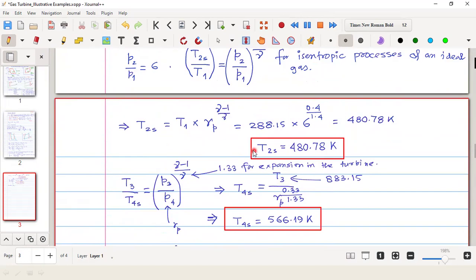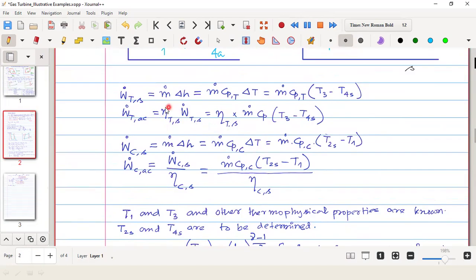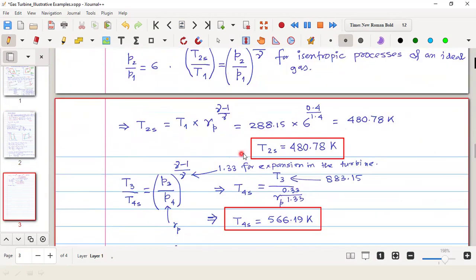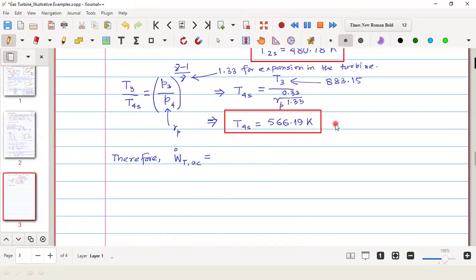Now I'm just directly putting the values. So for the turbine, efficiency is given as 0.82 in the problem. So I'm directly writing it here.